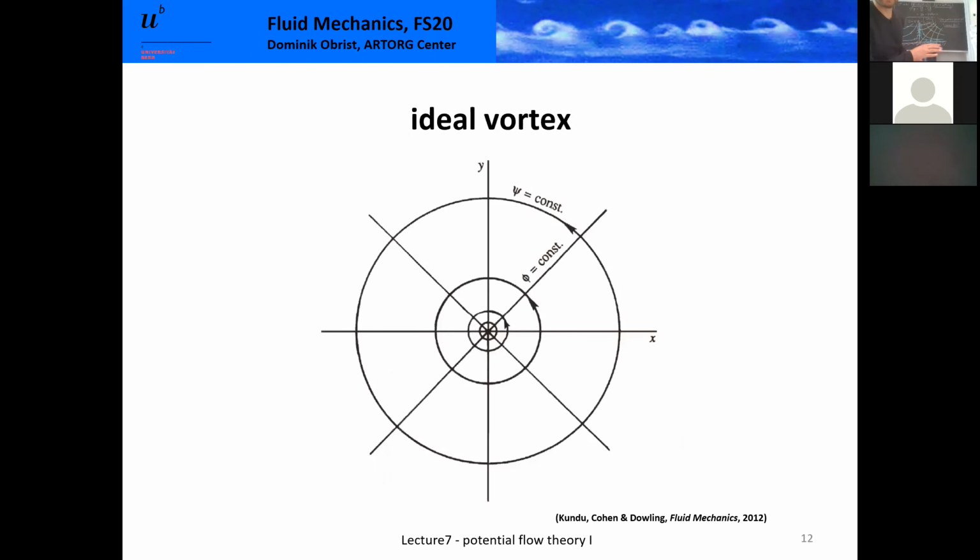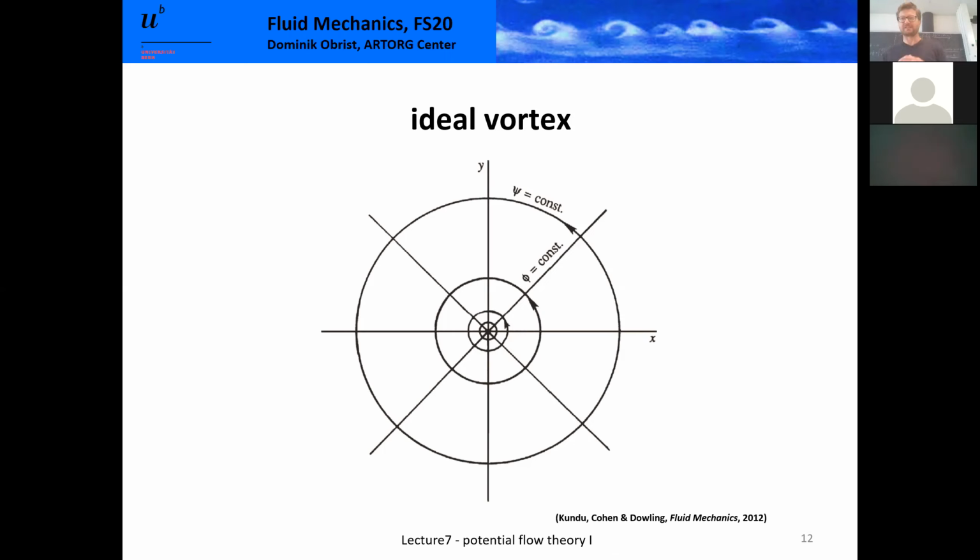The next thing I want to talk to you about is a vortex. That's the ideal vortex. We had the ideal vortex in the second week, where we showed that there's a vortex without vorticity, and because it has no vorticity, it is also flow that has a potential solution to it. There exists a potential which describes this flow. And I hope you remember that in this flow, obviously it was spinning, right?